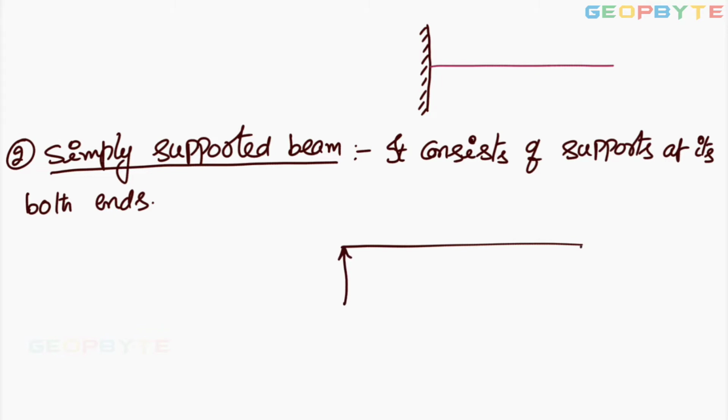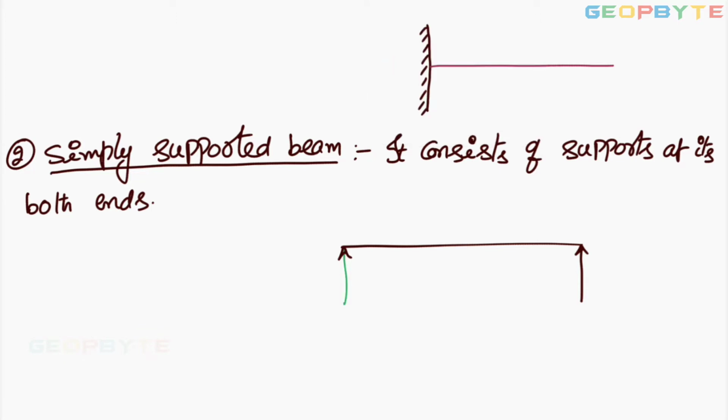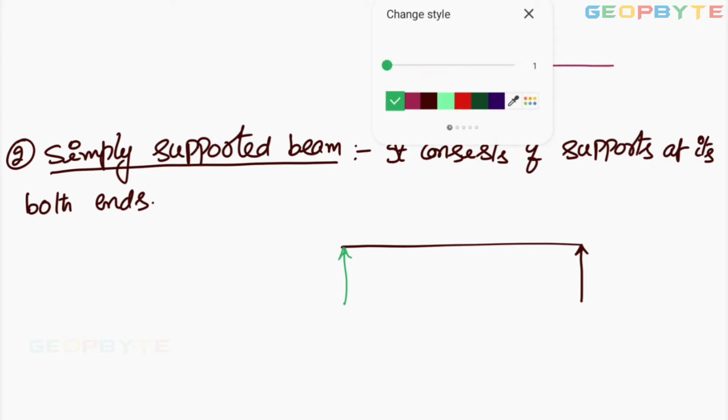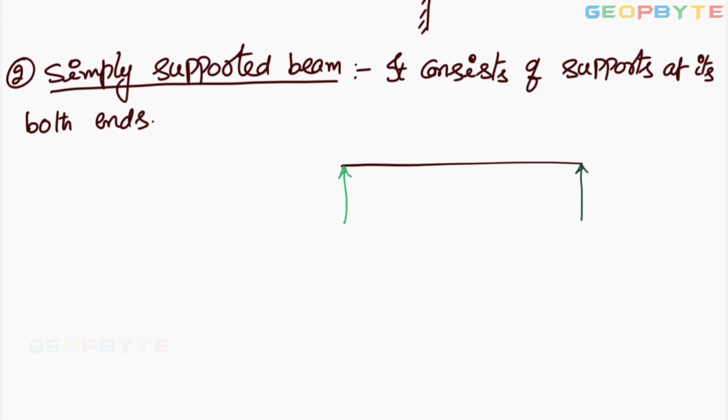This is one support and the other support is like this. The supports may be like this. This is another support. So this is the line diagram for simply supported beam.